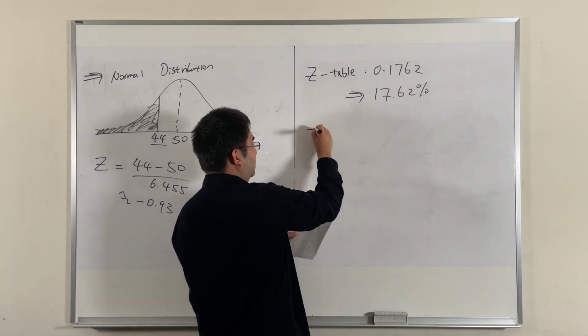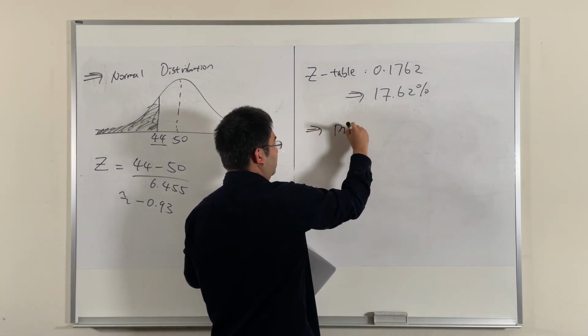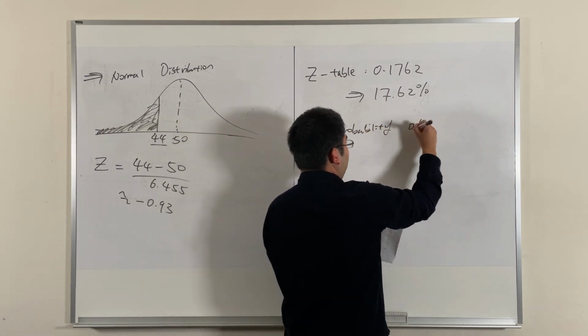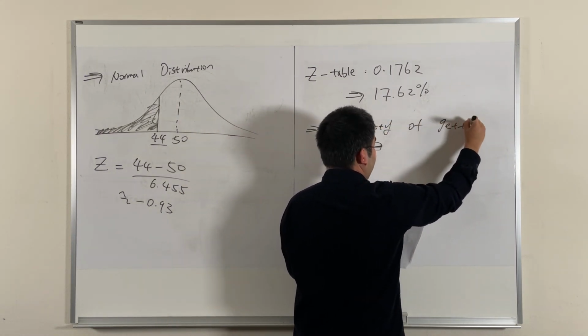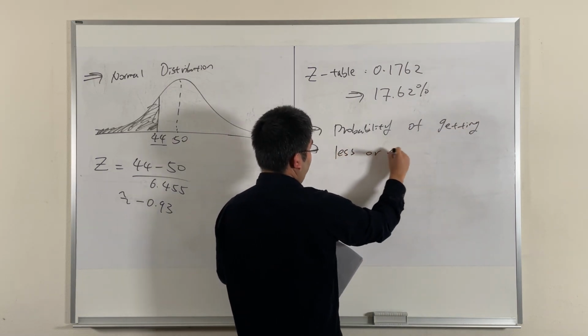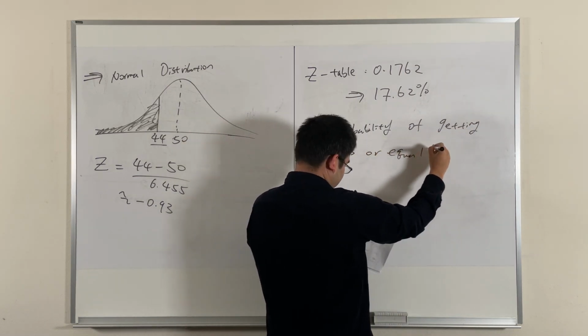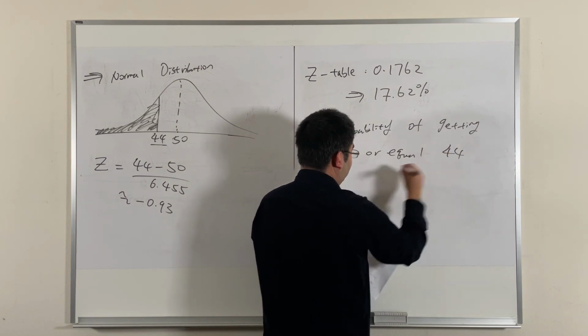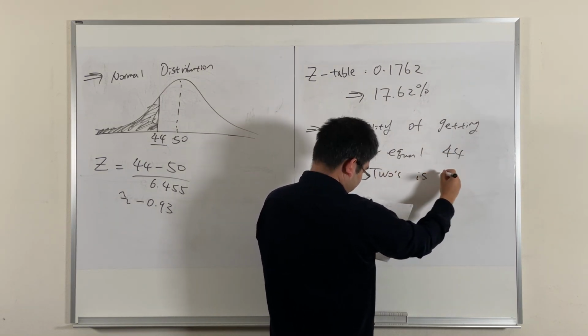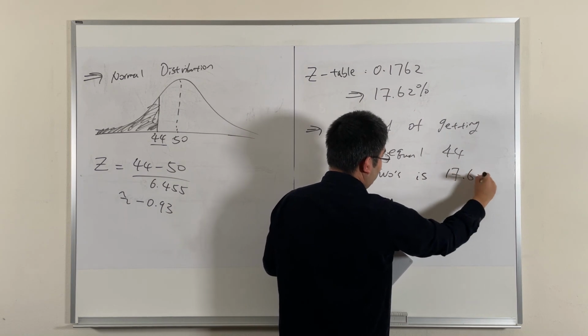So that means the probability of getting less than or equal to 44 twos is 17.62%.